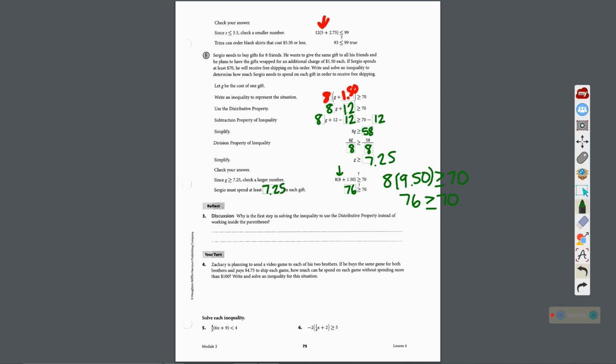Why is the first step in solving an inequality to use the distributive property instead of working inside the parentheses? We are trying to use algebra, so we have to simplify the problem so we can move things around.